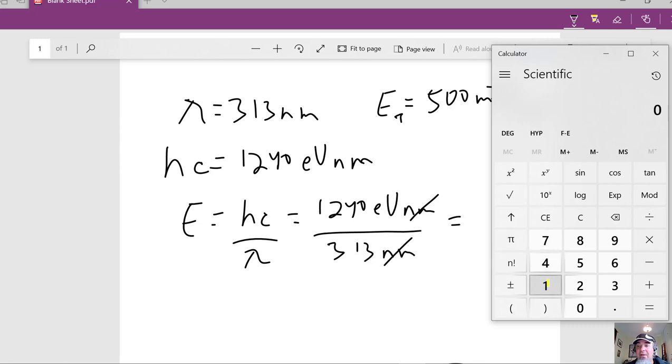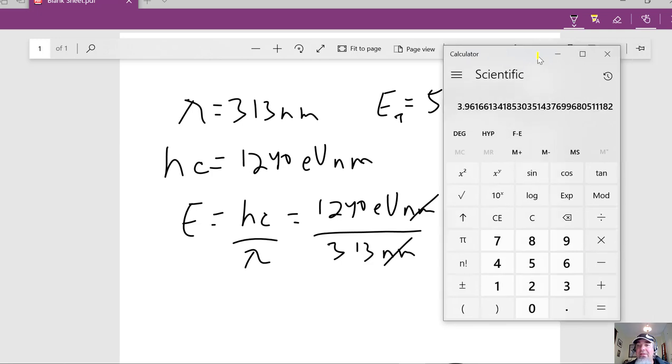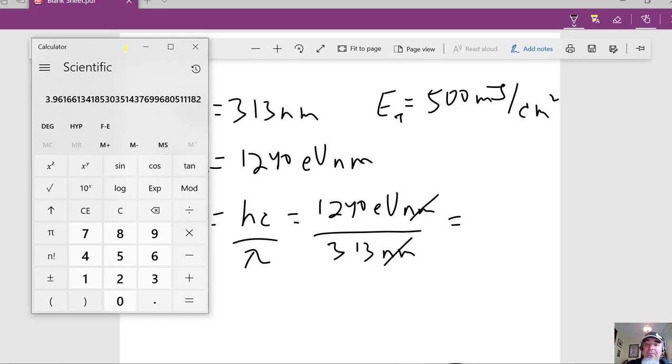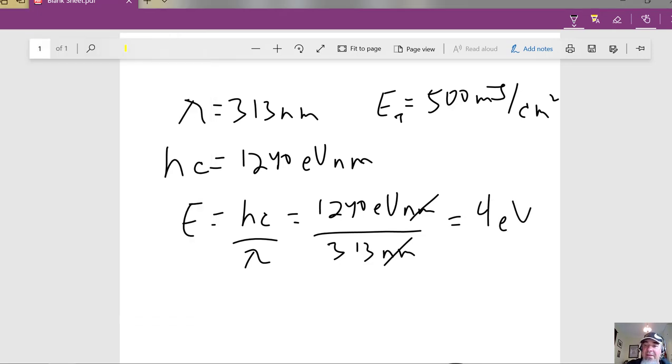Okay, so I can take 1240 divided by 313 and get the answer, the energy in eV. So about 3.96. I'll just put 4 eV.